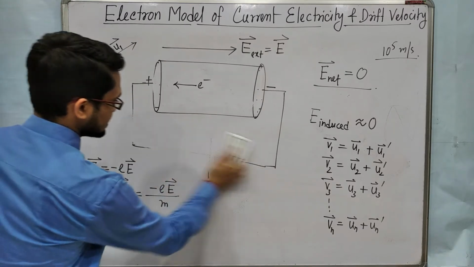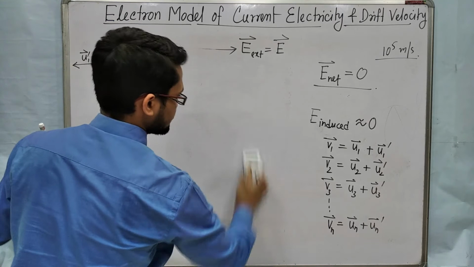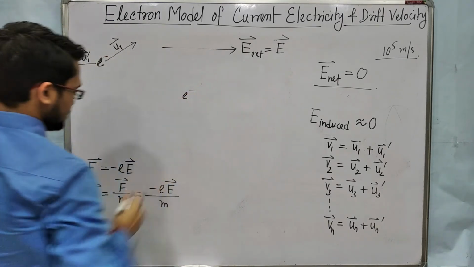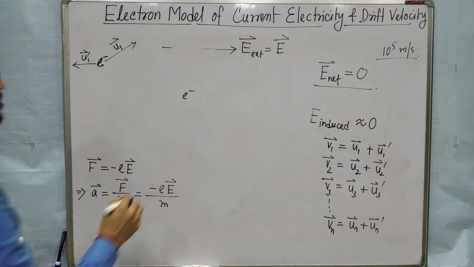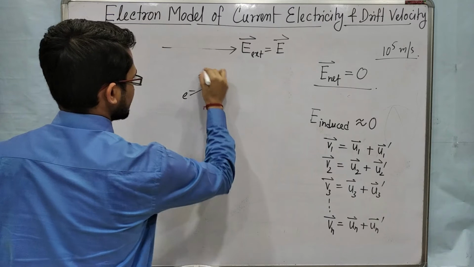So I am erasing this diagram. If we take an electron, initially when there is no electric field, it moves in any direction with some speed.